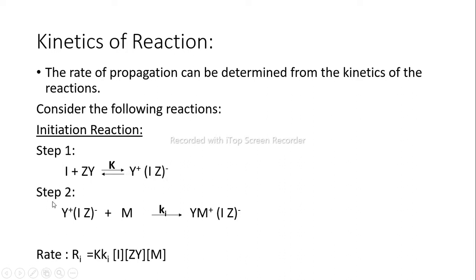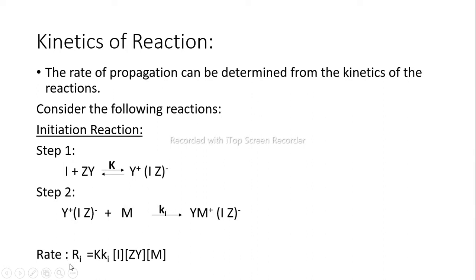In step 2, this initiator now reacts with a monomer M and gives us a carbocation. Here the positive charge on the initiator reacts with the monomer and breaks the double bond of the monomer, as a result of which the positive charge will be shifted toward the carbon atom in the monomer. Note that K and Ki are the equilibrium constants of these reactions.